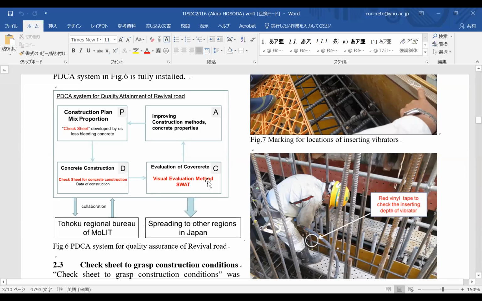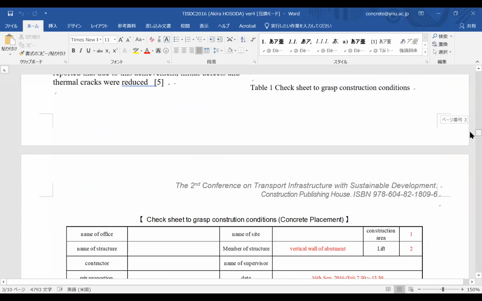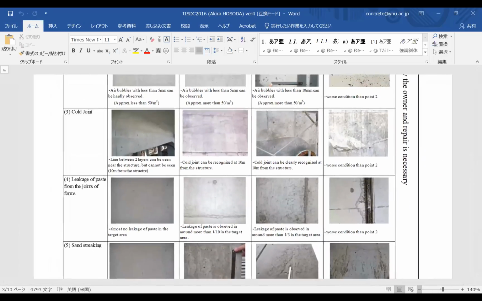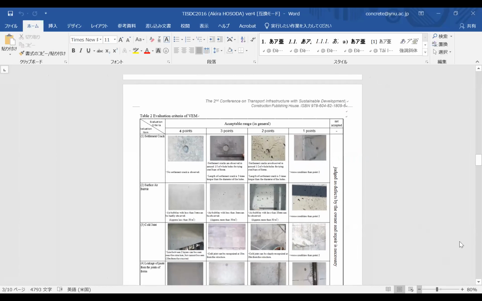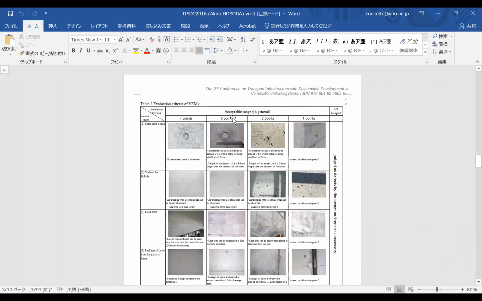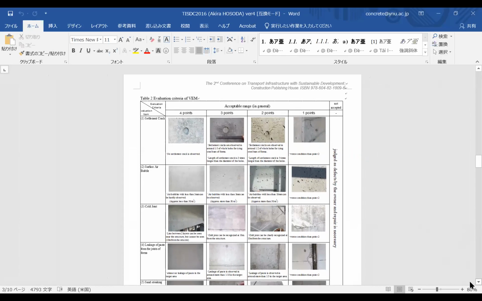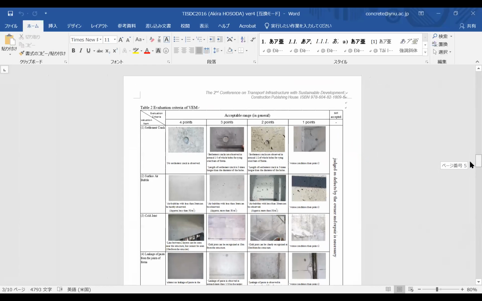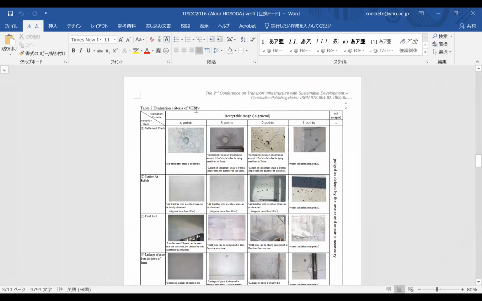I am also one of the developers, and we got a prize from the Japan Concrete Institute. This kind of sheet, again, a one-page sheet. This is used for the visual evaluation method.